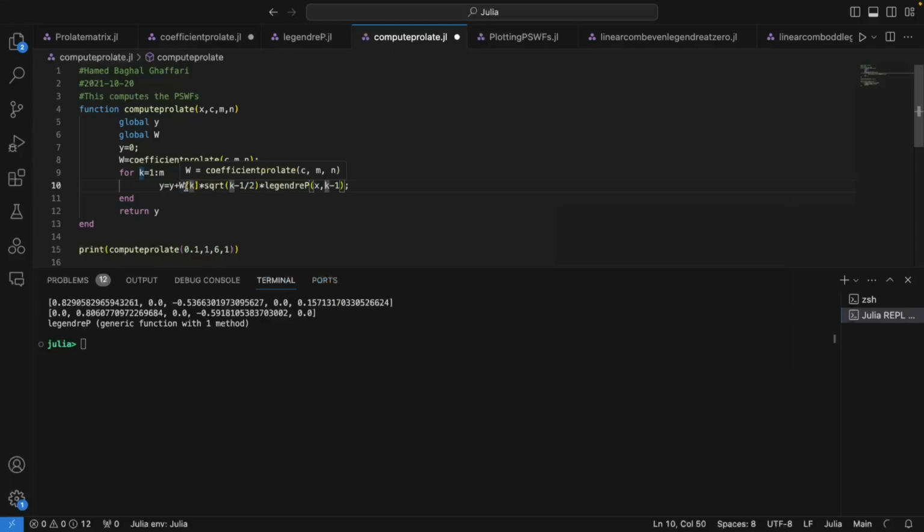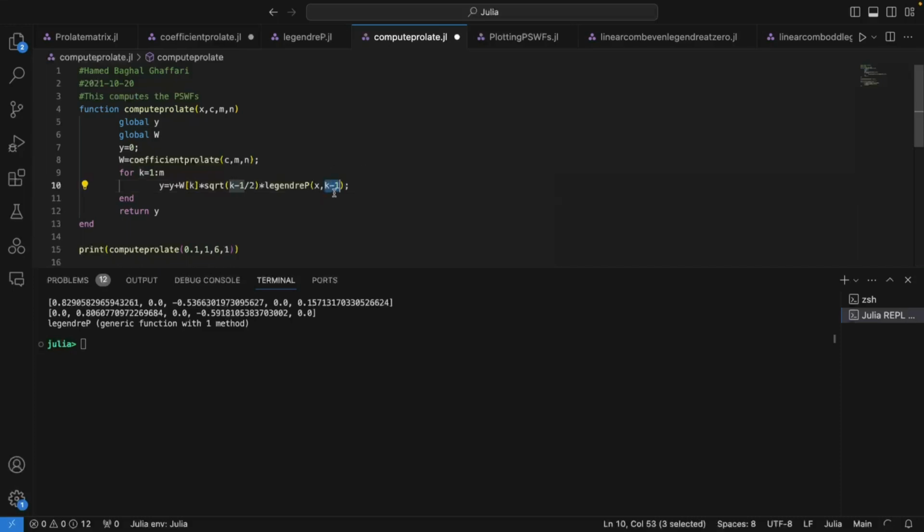It is a vector, and this is a scalar. The first Legendre polynomial starts from 0: the first one is p0, the second one is p1. That's why I have put k minus 1 here, not k.